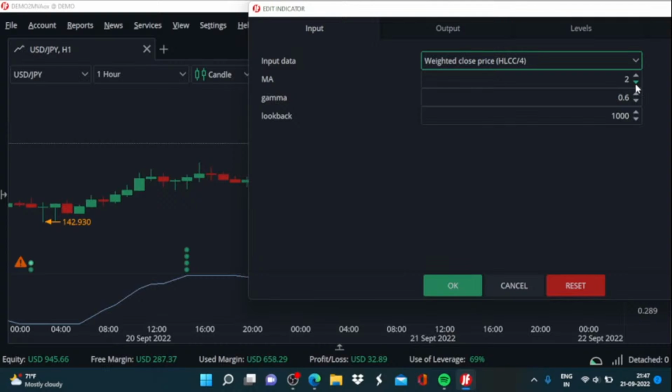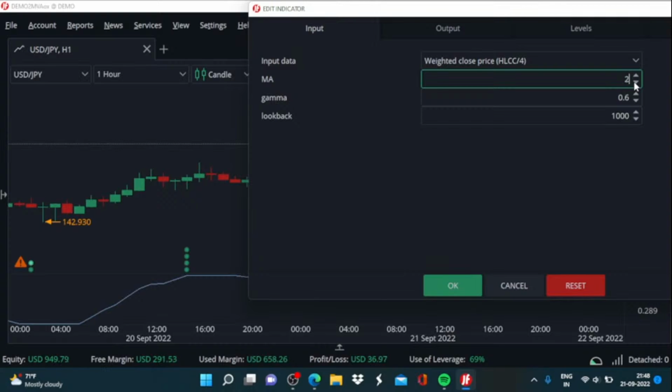Then comes the moving average. While determining the moving average, we have to define the calculation period. If you want the calculation period to be less, then you will have a lot more responsiveness to the price fluctuation, and that price fluctuation will be reflected in the final output of the indicator if the moving average value is less.